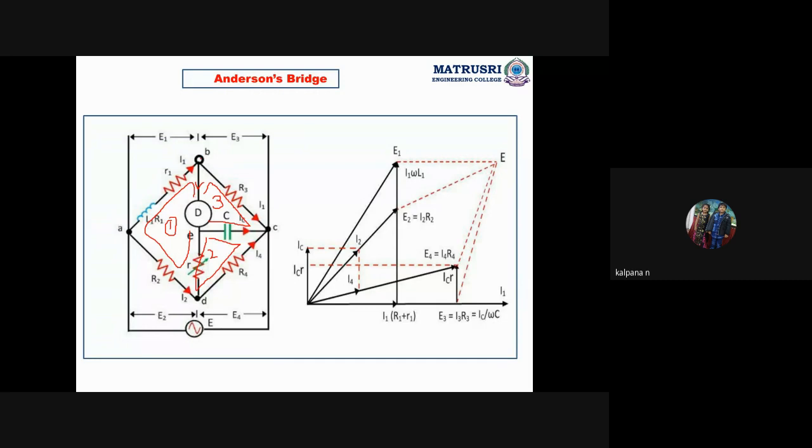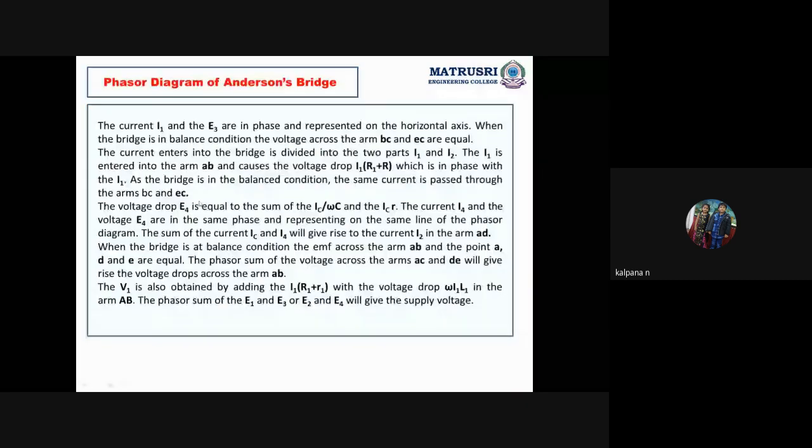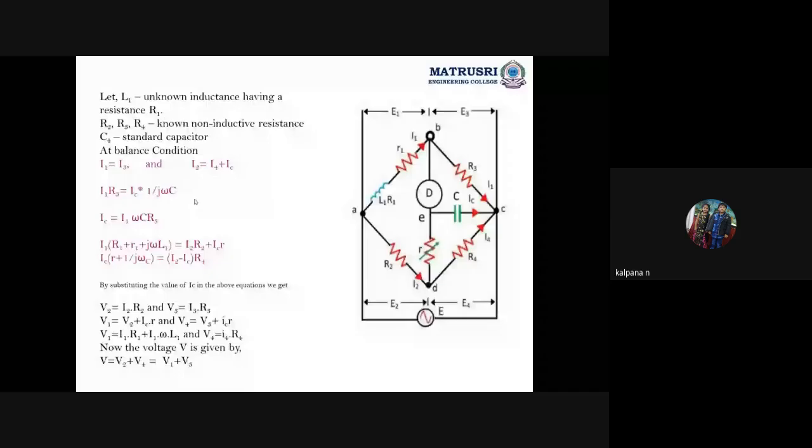Next, from these three loops, from the first loop, I1 is equal to I3, because these two, AB and BC, are in series.